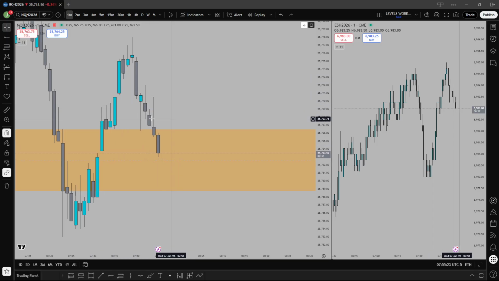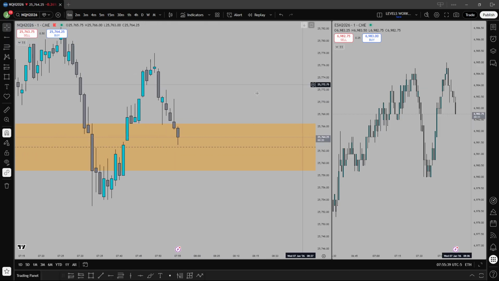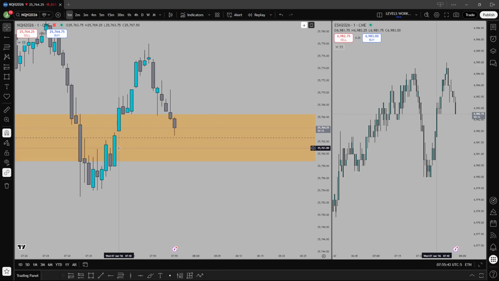I don't see any point of going up here. The damage here is done and I wanna see price expanding lower. Of course we gotta close in this inefficiency first.